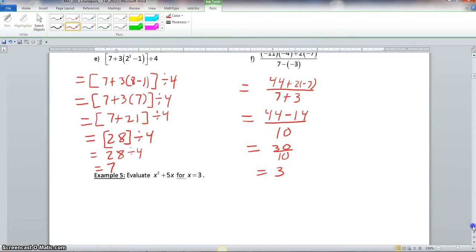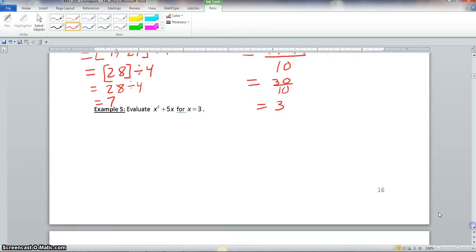Now, we scroll down here to example 5. It says evaluate x squared plus 5x for x is 3. So we substitute in 3 for x. So now we have parenthesis 3 squared plus 5 times the parenthesis 3. These parentheses we cannot do anything with.